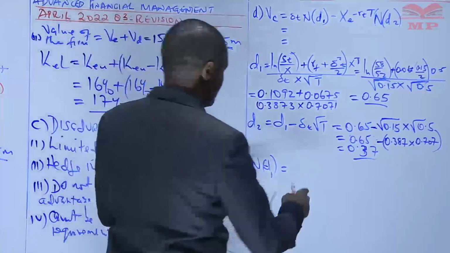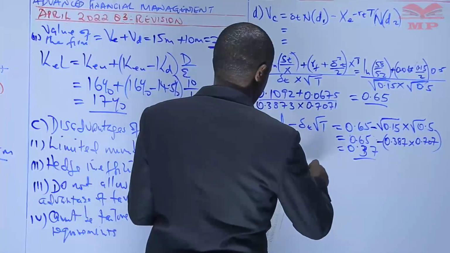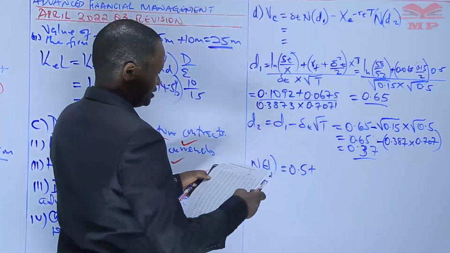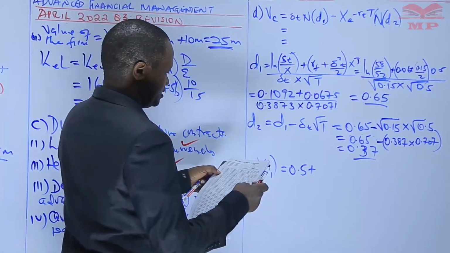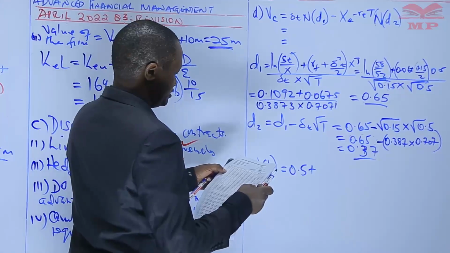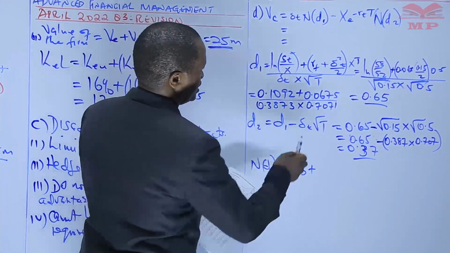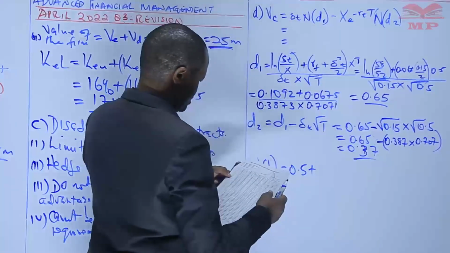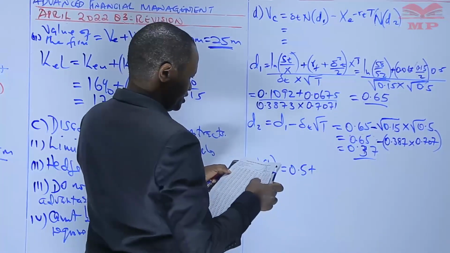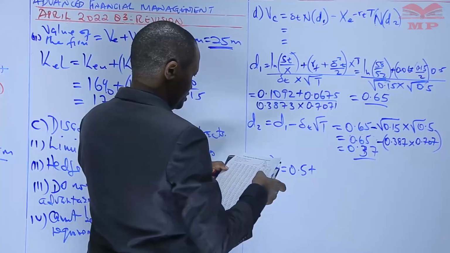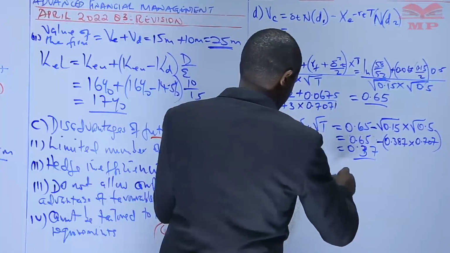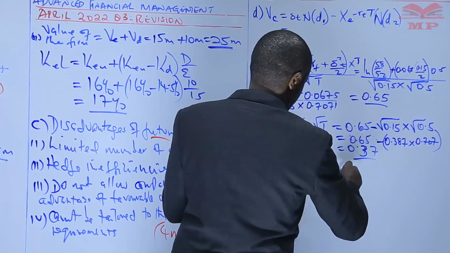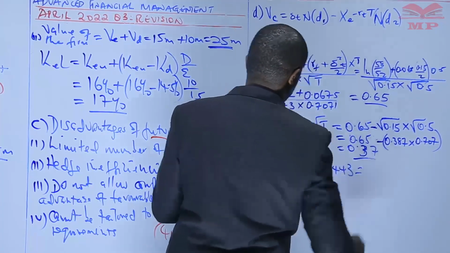Therefore, our figure here will be 0.5 plus the value for 0.37. I'm reading from the tables, 0.1443.